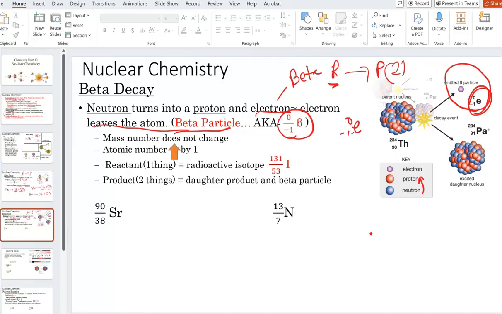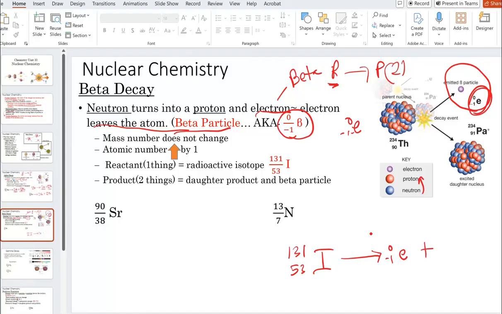So I'm going to start with this example here, iodine 131. We know there's only one thing on the reactant side, so I'm just going to draw my produces line. I know for a fact this breaks down through beta decay, so I am going to draw my beta particle, and I prefer the e minus 1.